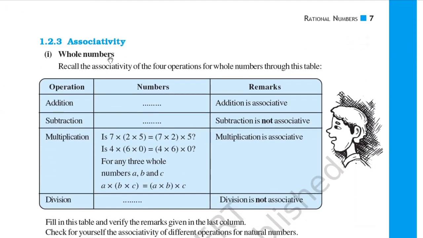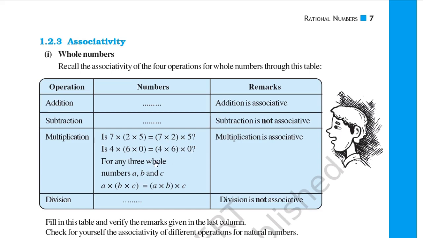So now associativity. First is whole numbers. Recall the associativity of 4 operations for whole numbers through the table. So you can see here they have given you have to do it for addition and subtraction. For multiplication they have given 7 into 2 into 3 is equal to 7 into 2 into 5. So it will be the same answer. So 4 into 6 into 0 is equal to, in bracket, 4 into 6 and into 0.